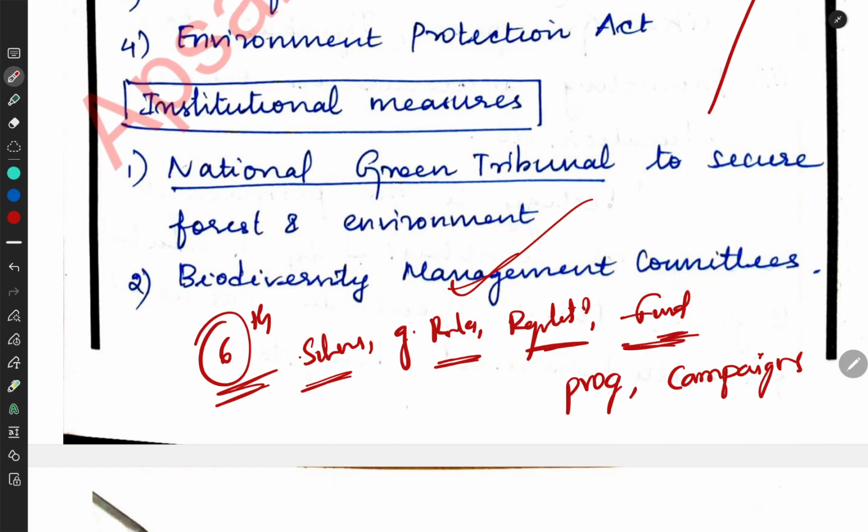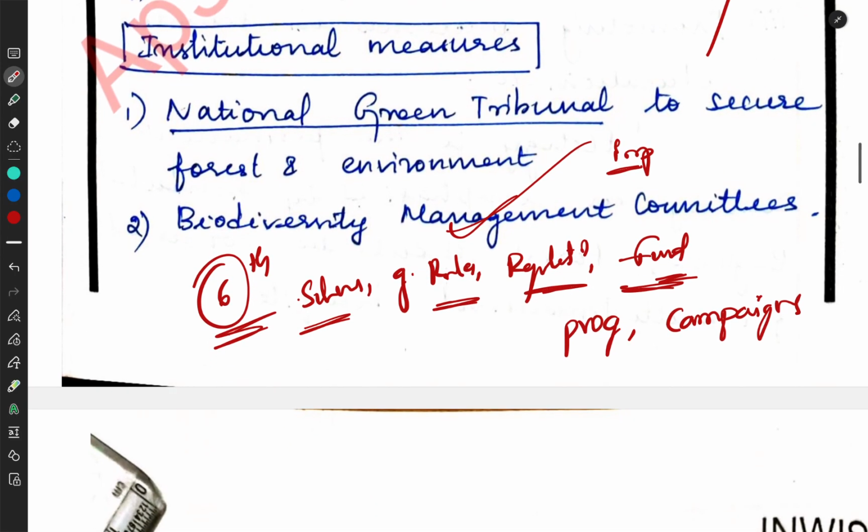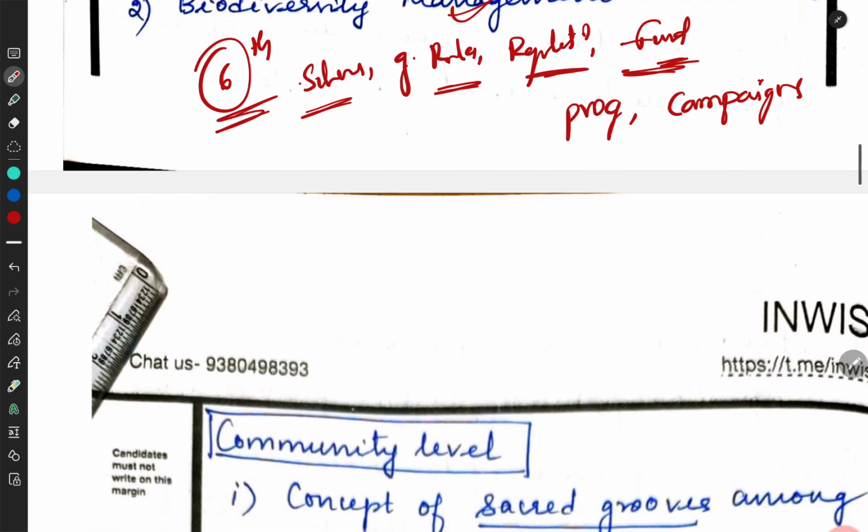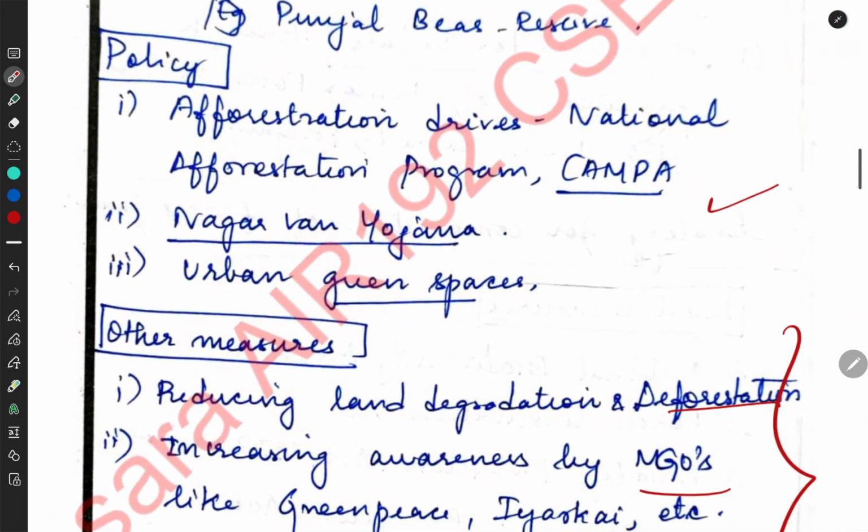It will create a good impression on the examiner. Got it? It also shows you are including current affairs, real world examples and government actions in your answers, which definitely shows your knowledge of current affairs. Right, so next, come to the next point.